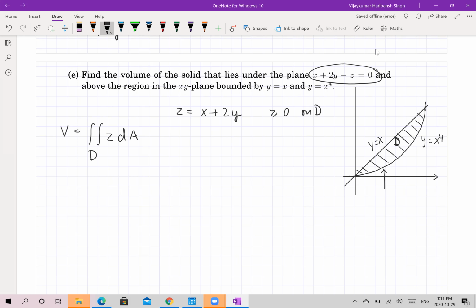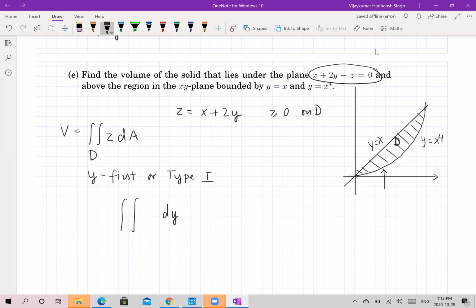Now we are looking at it as y first, or type 1. So first we need to compute, y is changing from where to where, since we are doing y first.